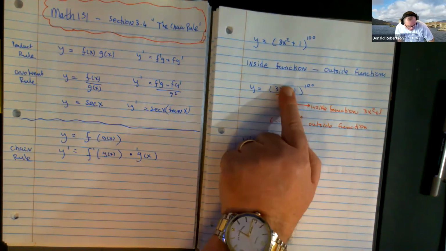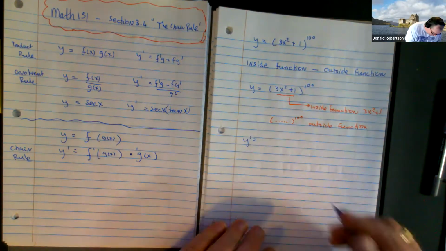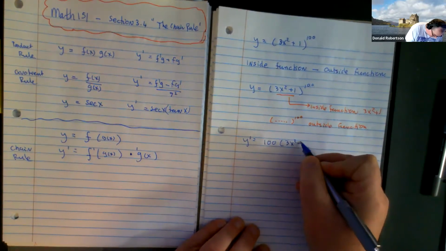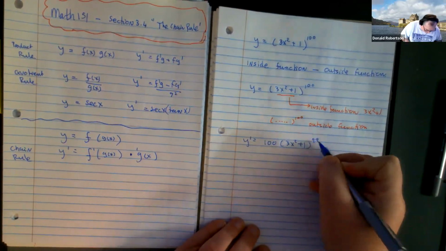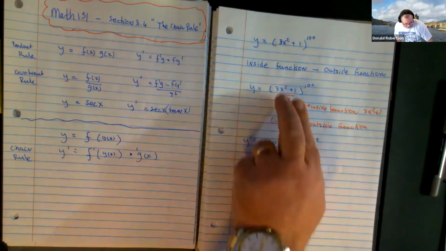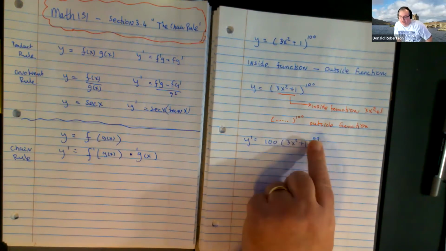I just call this something to the power 100. Now, if you want to differentiate something to the power 100, it's 100 somethings to the power of 99. Would you agree that is the rule called the power rule? Something to the power 100, 100 somethings to 99.